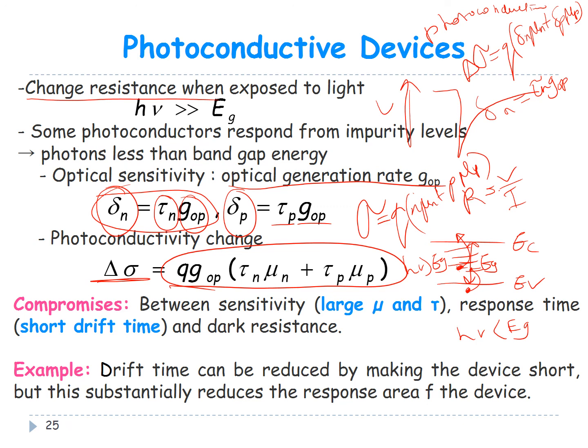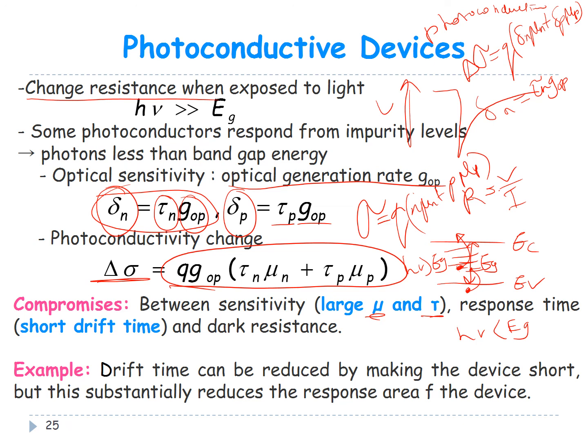You'll find that the mu tau product, the mobility carrier lifetime product, is very important when we analyze photoconductive devices.